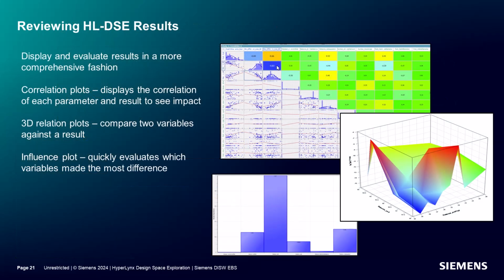Unlike typical instances or sweep results, you can choose exactly how you want to present the data generated from Hyperlinks DSE. You can choose from various plots or table options to review the results exactly how you intend. Correlation plots allow you to easily review what correlation factor was simulated between different parameters and results. 3D relation plots compare two variables and display how they affect a result.